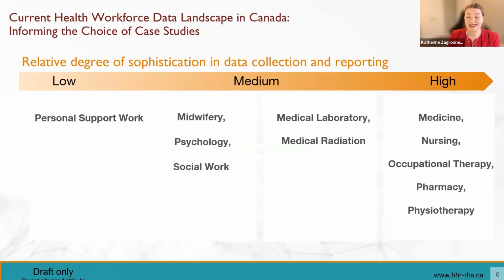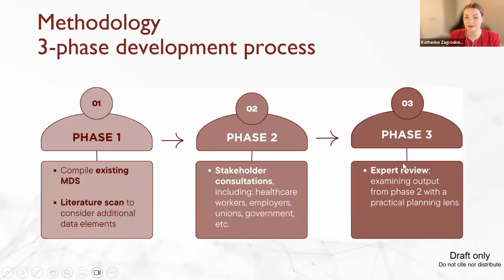The degree of existing sophistication in data collection and reporting by case study varies along a continuum that is shown here. This allows us to understand how groups with differing levels of existing data are able to utilize the standard. The project team was then formed to encompass expertise across each of the occupations as case studies.